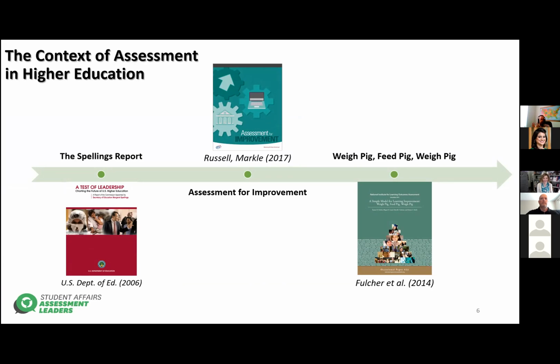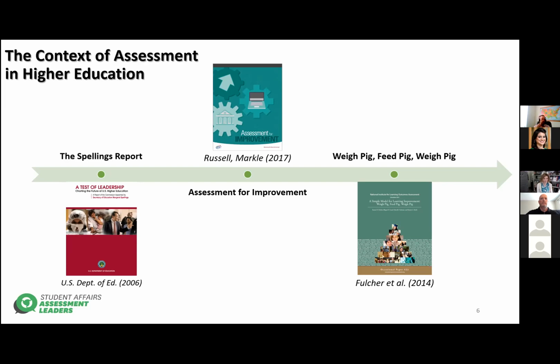For many of us, whether we realize it or not, why we do assessment now is based on the Spellings report in 2006, where the Department of Education under Margaret Spellings, really coming off a lot of the No Child Left Behind era, was saying, look, there's all this money that goes into higher education, the public value of higher education, and yet we don't do a whole lot from an accountability perspective to see what's going on.